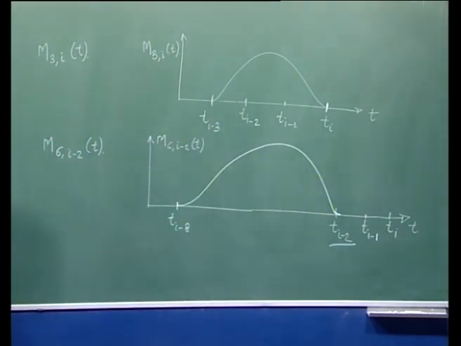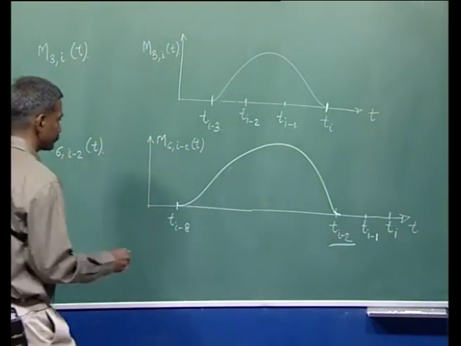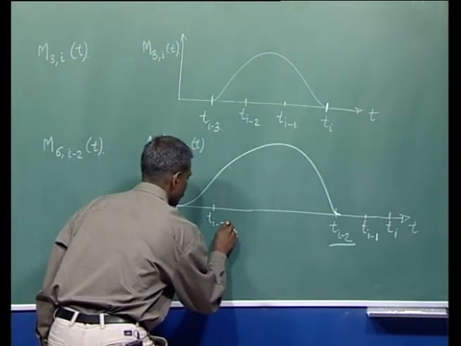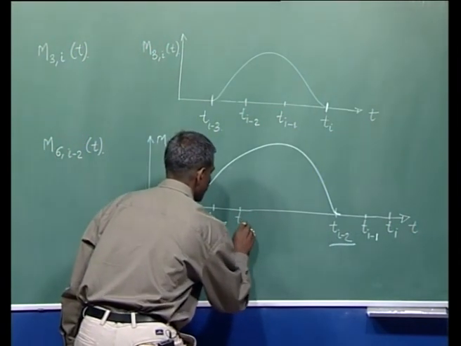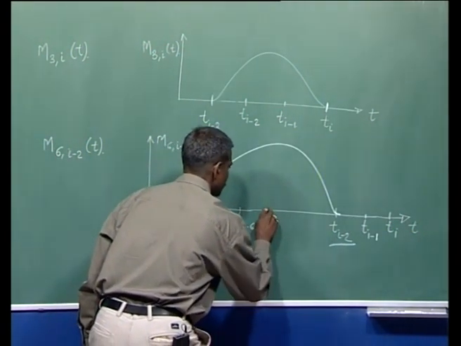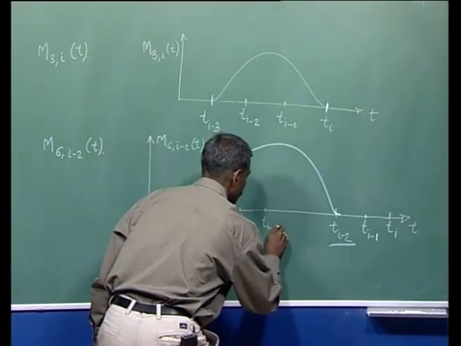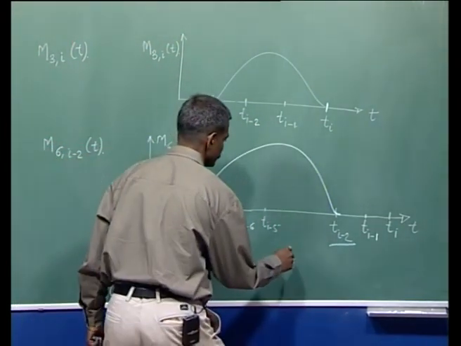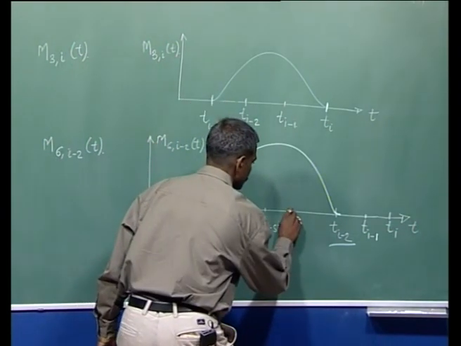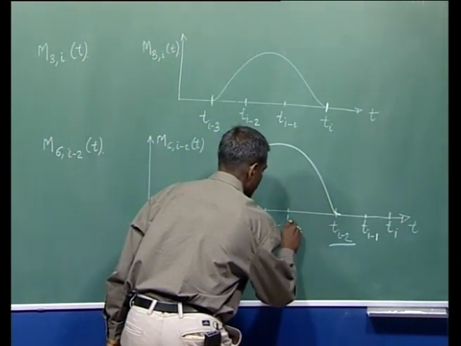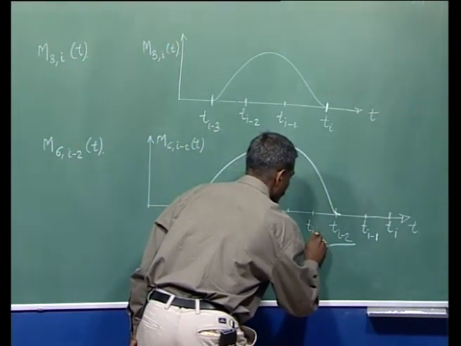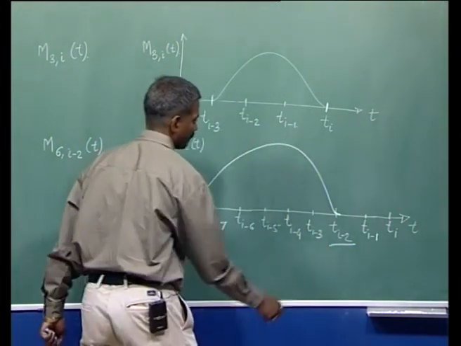So how about the intermediate knots now? t_(i-7), t_(i-6), t_(i-5), t_(i-4), t_(i-3), and then we have t_(i-2) here.